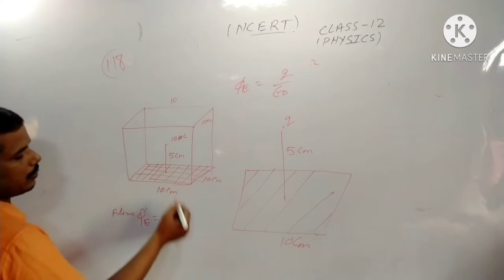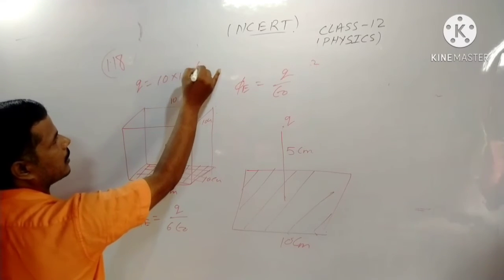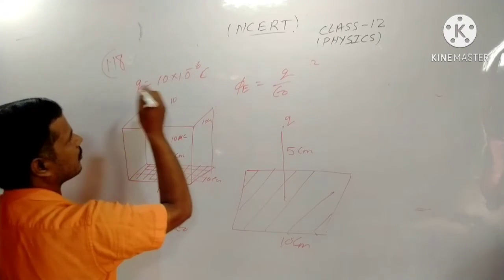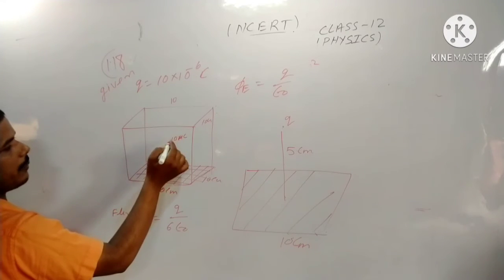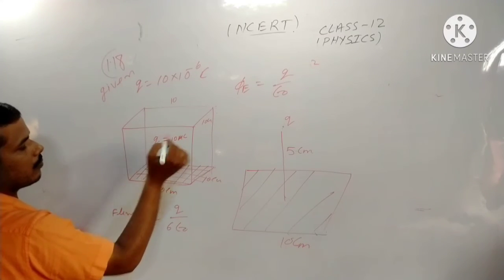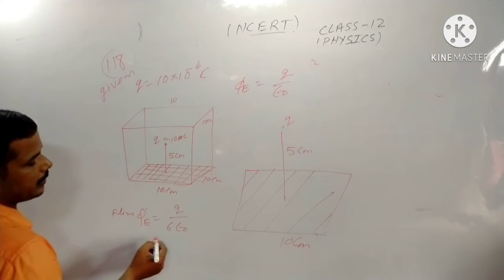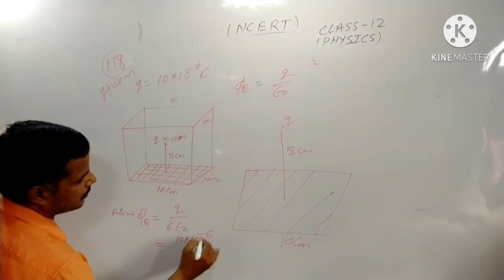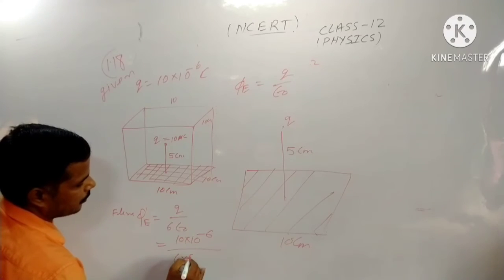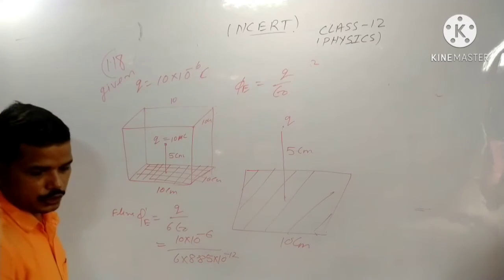Put up the value. In place of Q is 10 into 10 power minus 6 coulomb given. Q is equal to 10 microcoulomb. Okay. Now put up the value and you will find the answer. 10 into 10 power minus 6 divided by 6 into 8.85 into 10 power minus 12.